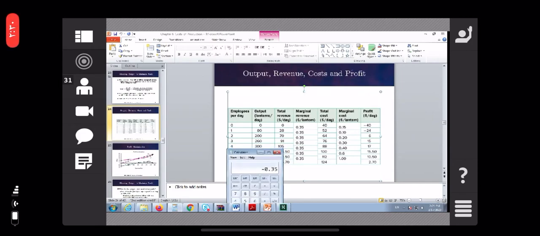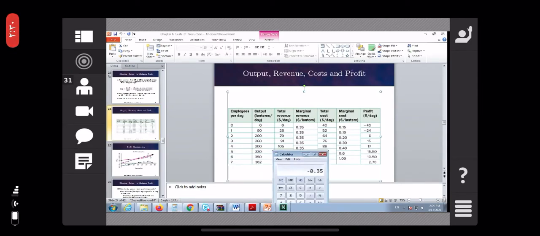I think I have to work with the fourth one, because I still have, here it's 35, and I have to produce 300, and the marginal cost is 30 here. It's 30 here, not 40.